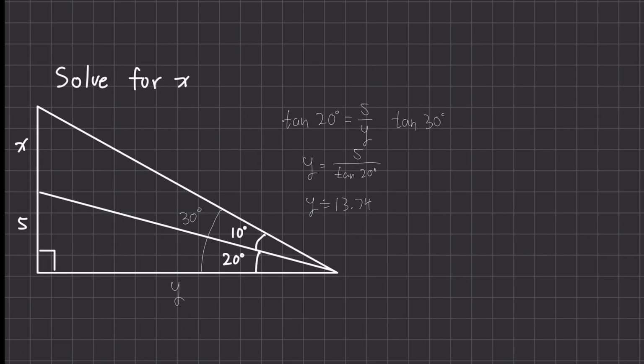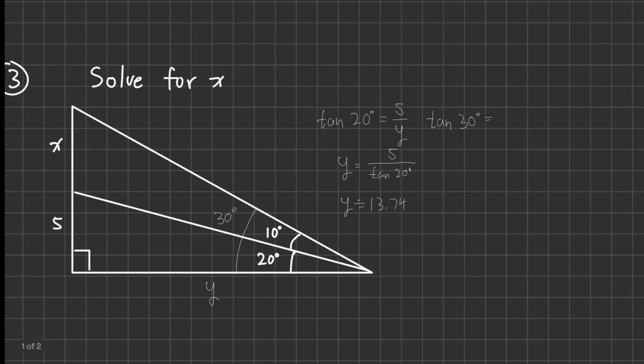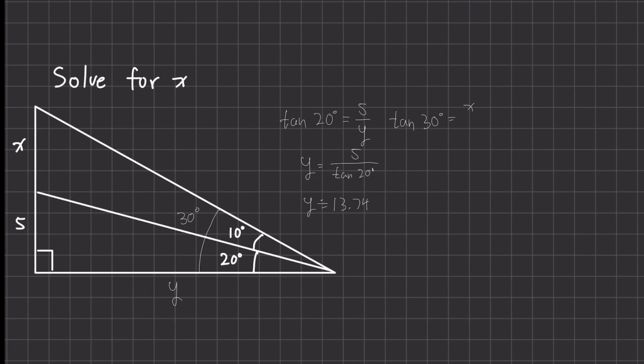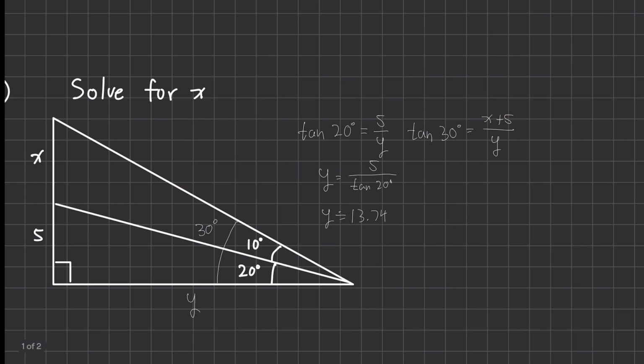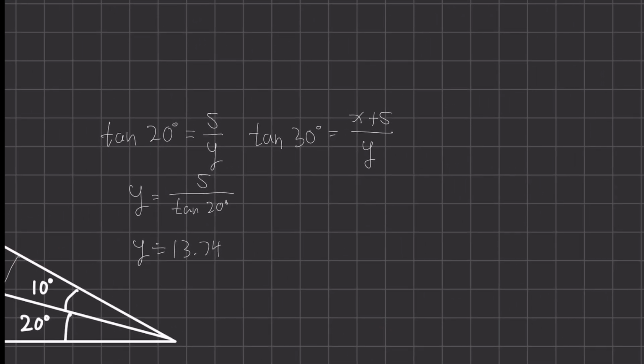Tangent 30 degrees is equal to opposite over adjacent. Here in this case, opposite is x plus 5 because we're looking at this entire length. So we get x plus 5 over this length right here, which is simply y. As we're solving for x, we must isolate for x.